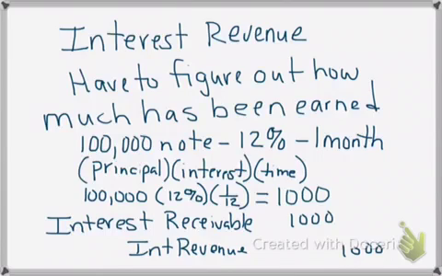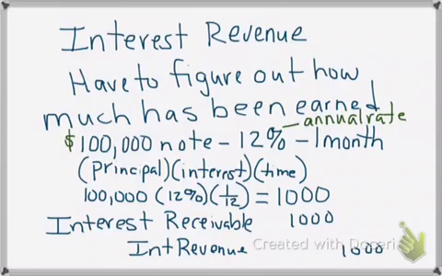And so what we look at here is if you had a note that was valued at $100,000 that had a 12% interest rate and you wanted to look at 1 month of it. When we look at interest rates, we are always given the annual rate. So that is the amount that we would pay if it were for the whole entire year.